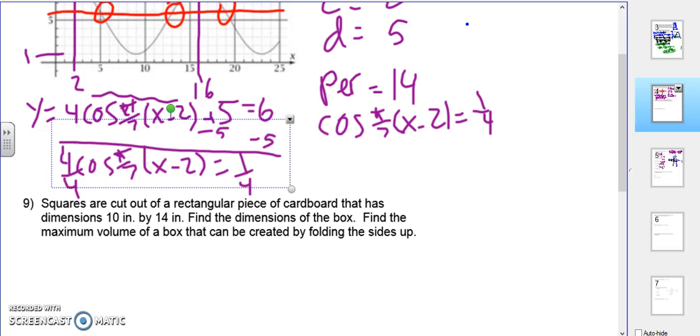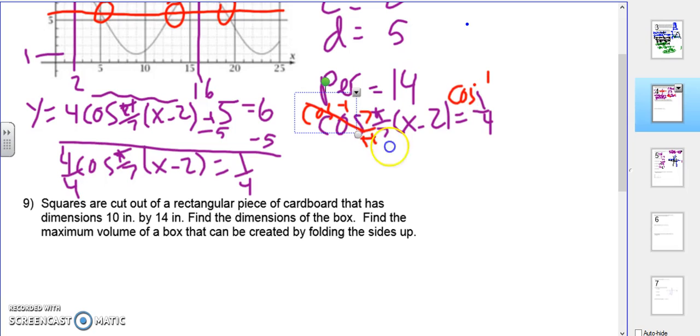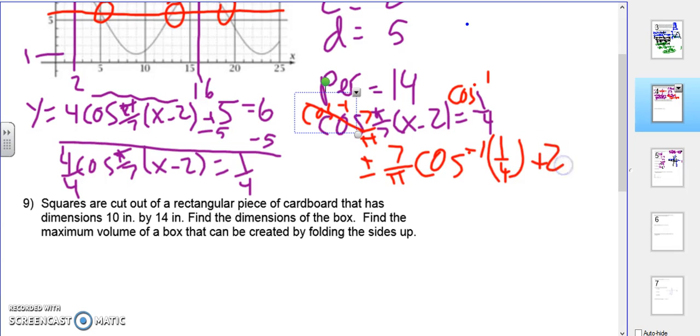So now we get to do the fun part. We're going to cosine inverse both sides. And we're going to reciprocal both sides. So 7 over pi, plus minus 7 over pi, cosine inverse of 1/4. And then the last step is to add the 2.